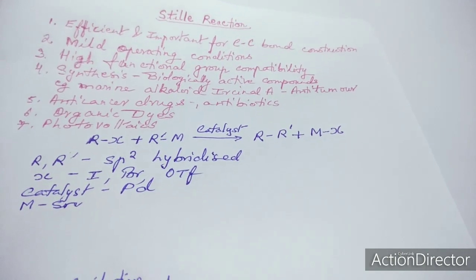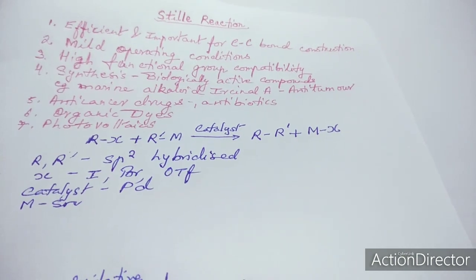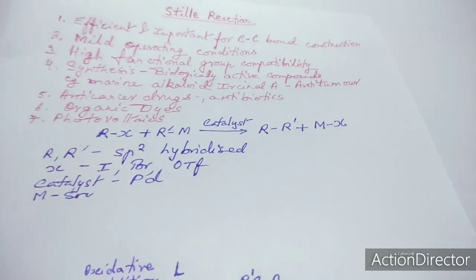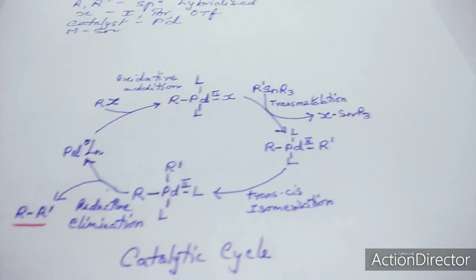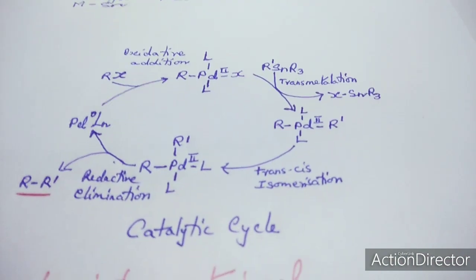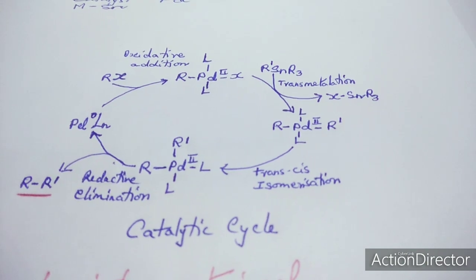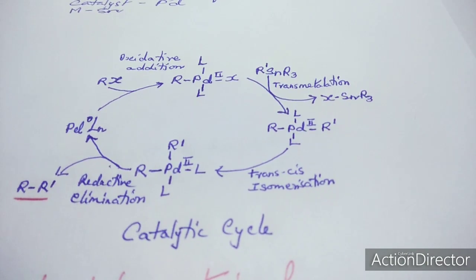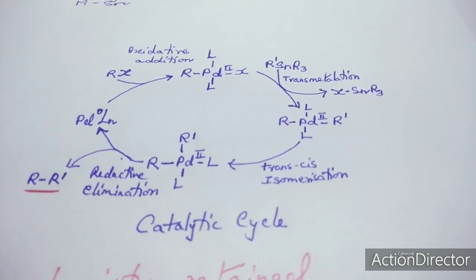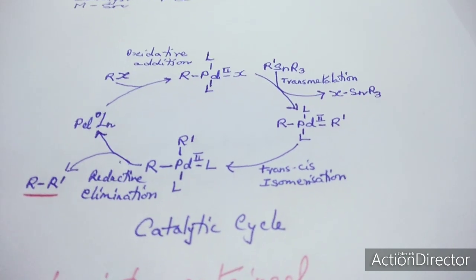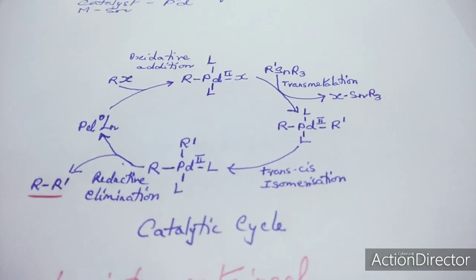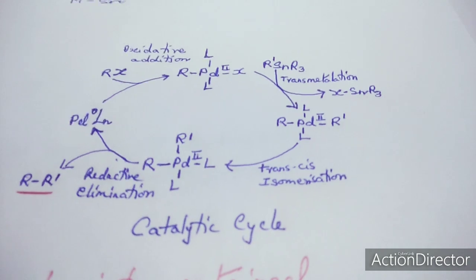The reaction cycle, or the catalytic cycle as we can say, is similar to the ones which we have done earlier. All of them follow the same sort of steps. This is the catalytic cycle. As we can see, how does it start? All the three steps are similar.